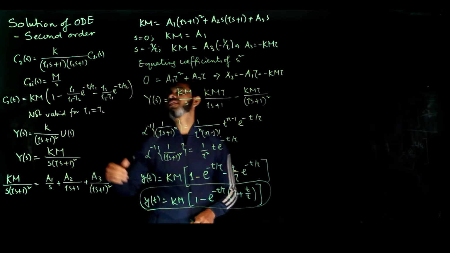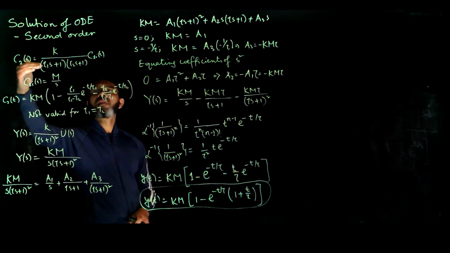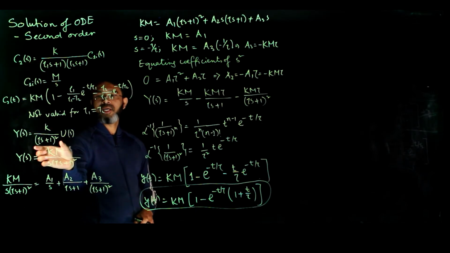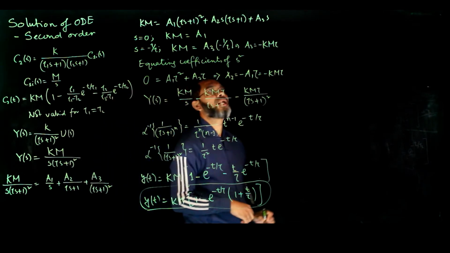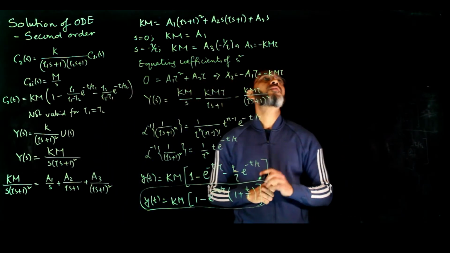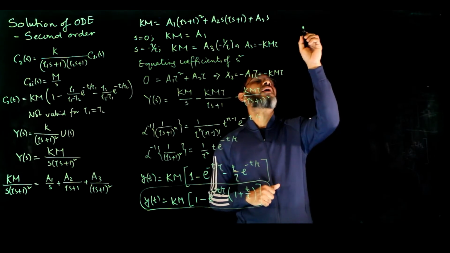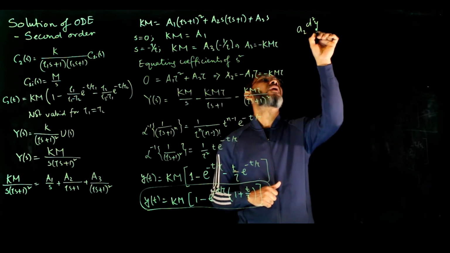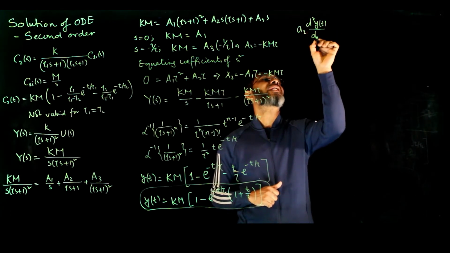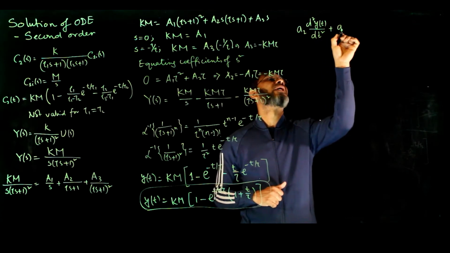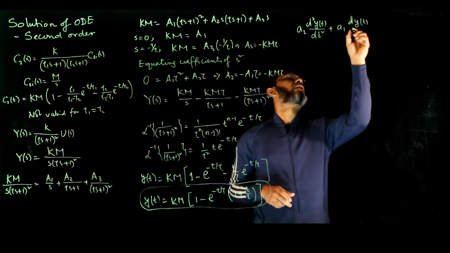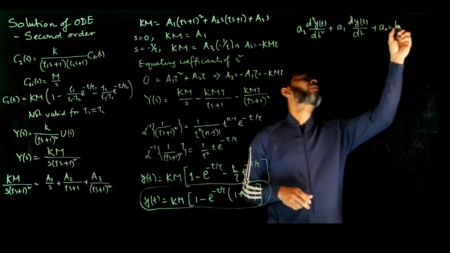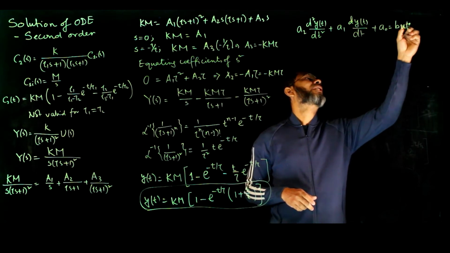Now in general, we have seen one form of second order model, the second form of second order model. In a general form, suppose I write it as a2 d squared y(t) by dt squared plus a1 dy(t) by dt plus a naught y(t) equals b u(t).